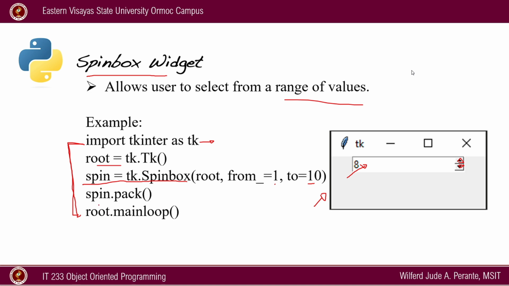And using spin.pack, it adds our widget and makes it visible in our window. The root.mainloop again starts our Tkinter main loop, and we keep it open until it is manually closed. So that's all for the spinbox widget.